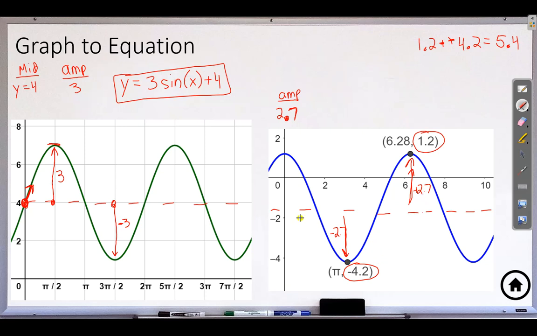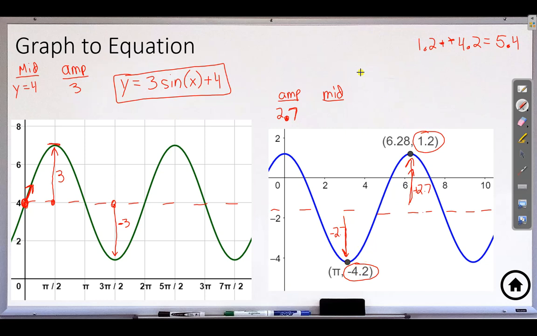So we have our amplitude at least. Well, if we know how far up and down we're going, we can now find our midline. We can either take the 1.2 and subtract 2.7 down to here, or we can take the negative 4.2 and add and go up 2.7. We should land at the same number.